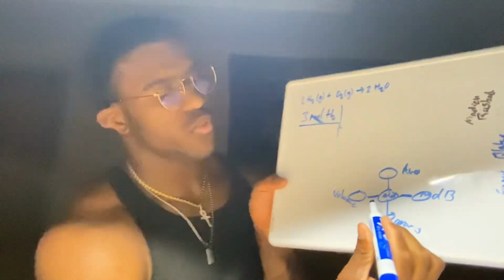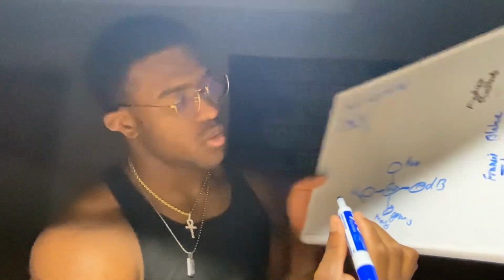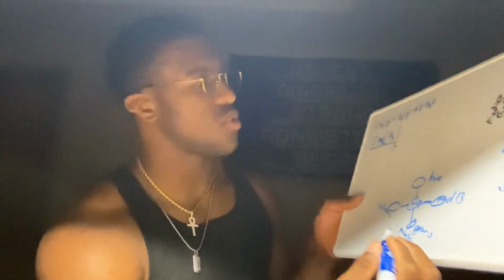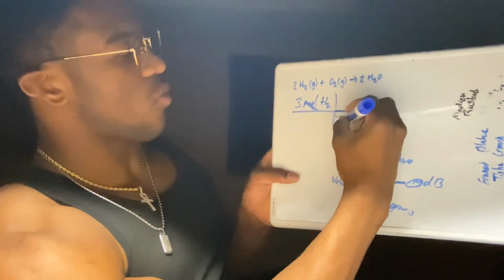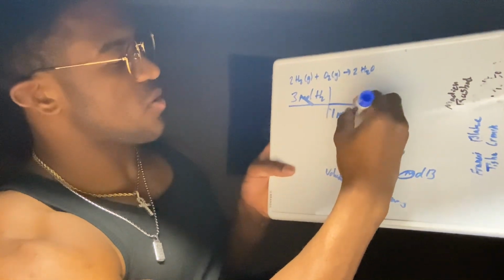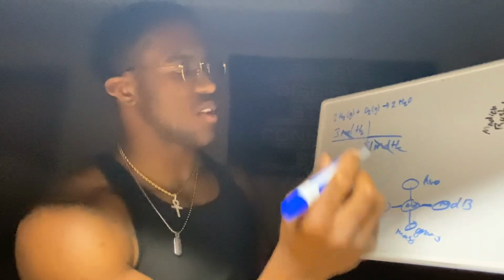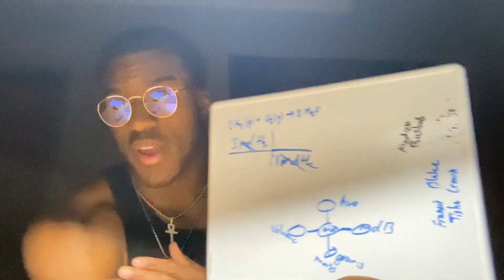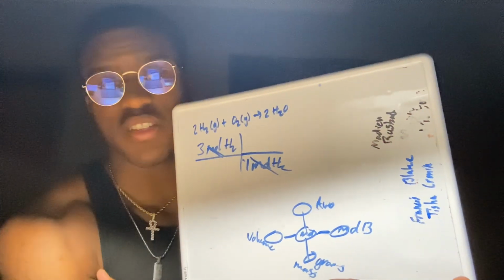If I wanted you to go from moles to the grams of H2, we're going to put always 1 mole of H2. Always get rid of it on the bottom. You just want to cancel that out. When you go to grams, you're going to look in your RDC.